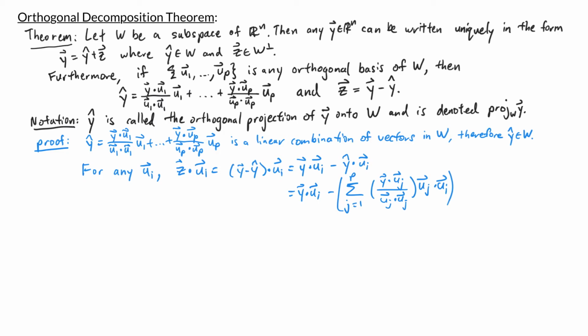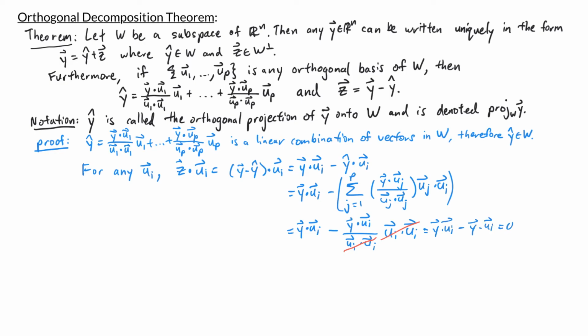Now, since the vectors u1 through up are an orthogonal basis for W, I know that the dot product uj dot ui is equal to 0 whenever j is not equal to i. So in the sum, the only term that remains is when j is equal to i. So we have y dot ui minus y dot ui divided by ui dot ui times ui dot ui.